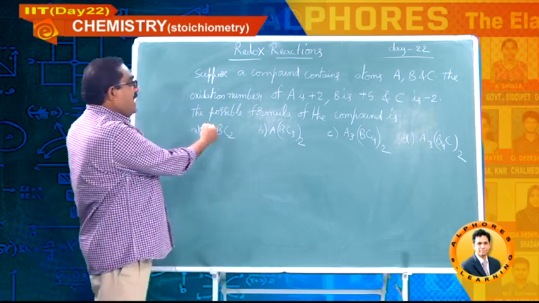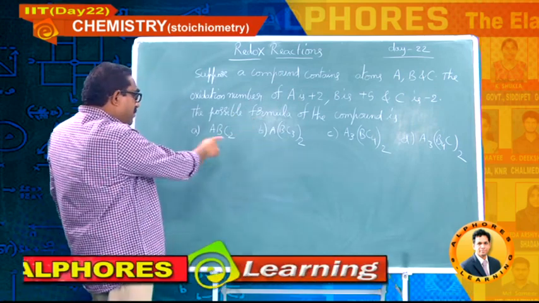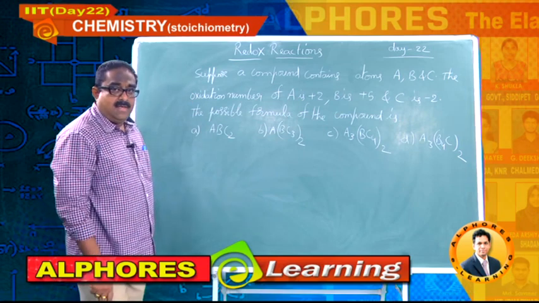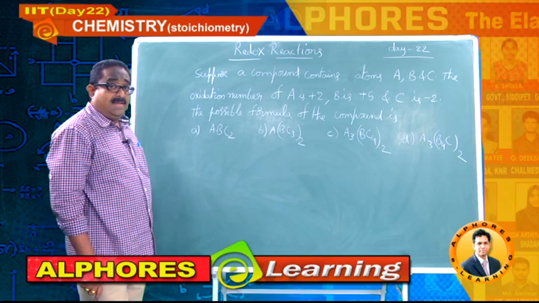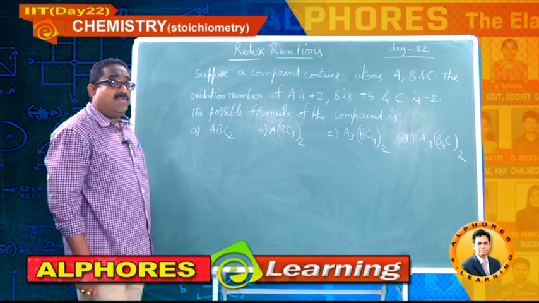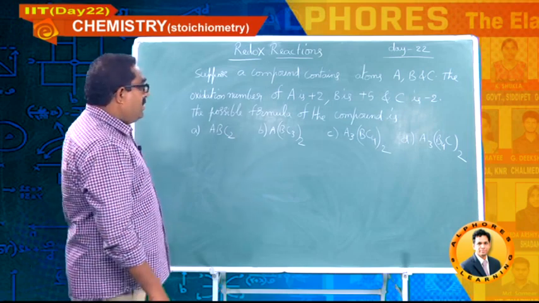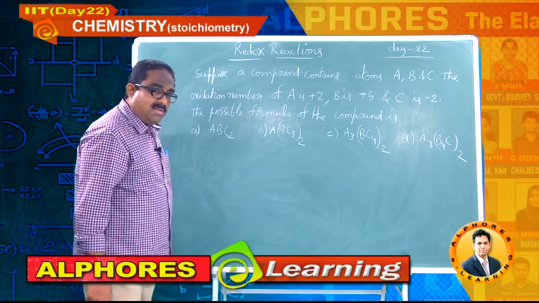Let me check one after another for which the net sum equals 0, because all 4 are given as neutral molecules having no charge. One of the rules for oxidation number calculation: the sum of the oxidation states of all the atoms present in the molecule should be equal to 0. Based on that, let us check which is suitable.